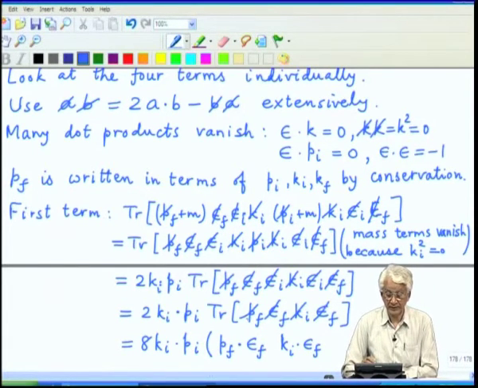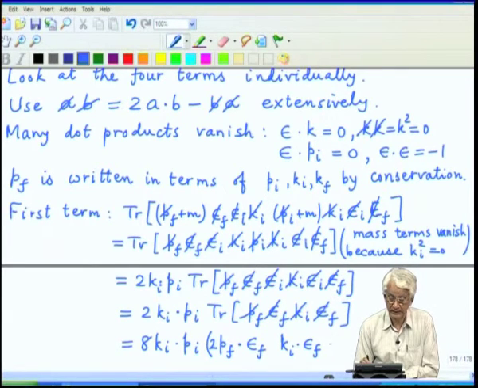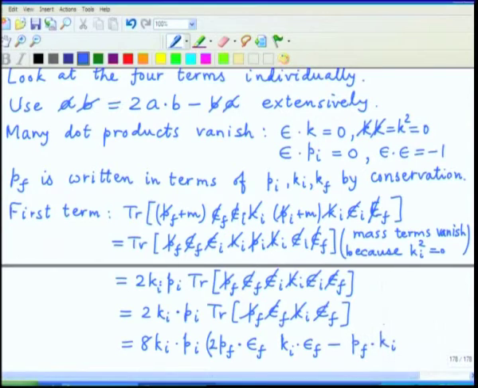The same term occurs twice, because when the P f is dotted with the last one, it gives the same result. So, this object has actually an overall factor of 2, and then there is a dot product of P with k and the epsilon with epsilon, and there is a minus sign with P f dot with k I, and then epsilon dot epsilon is equal to minus 1.